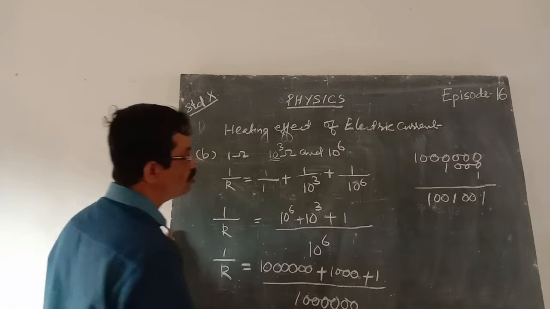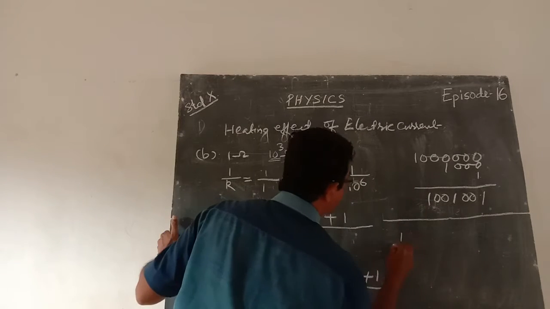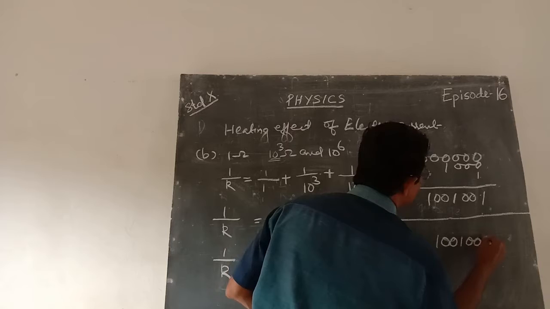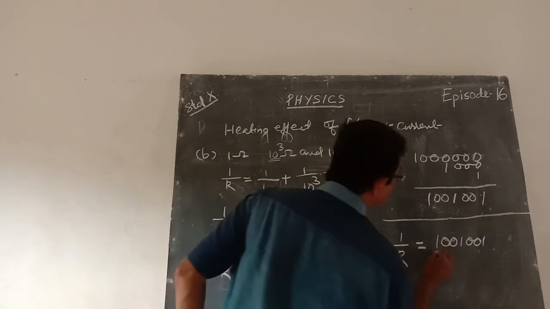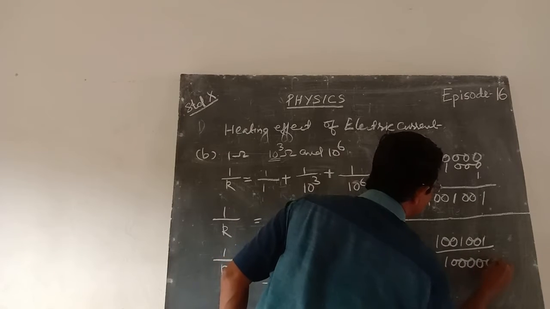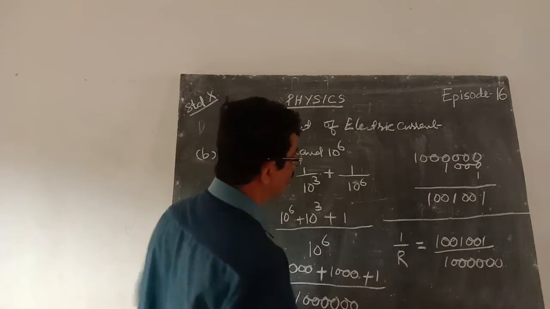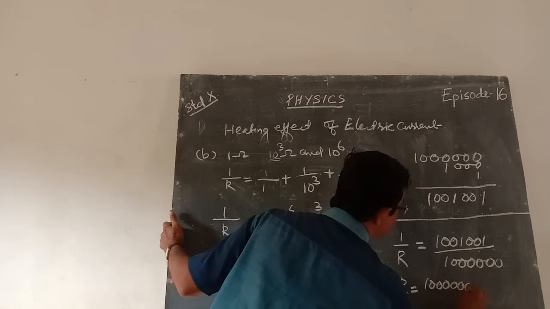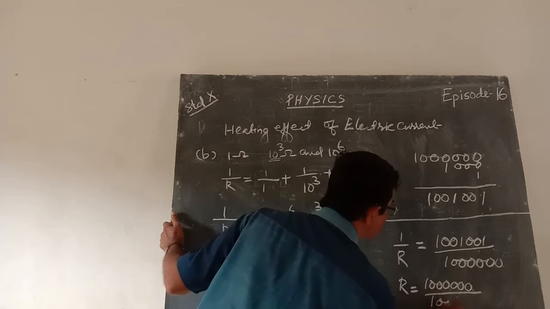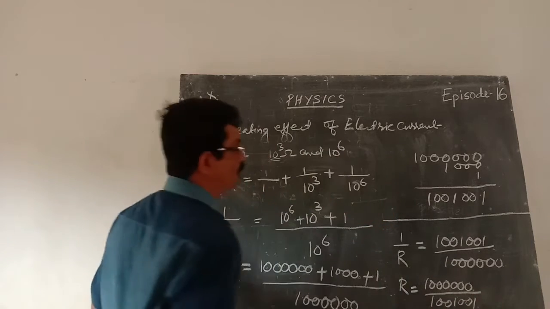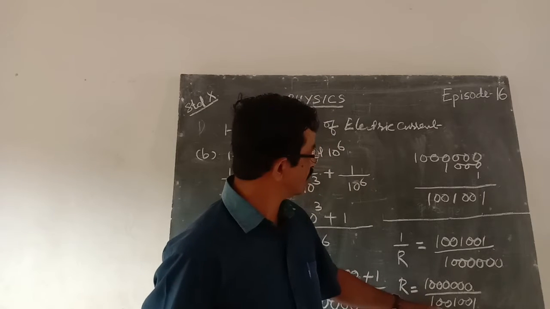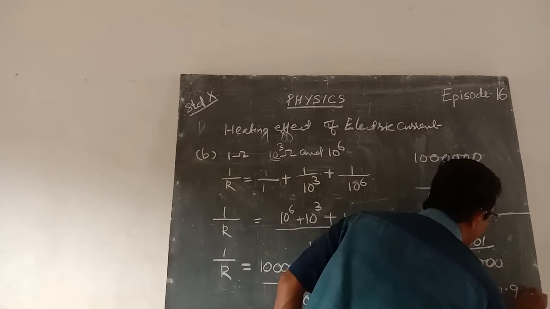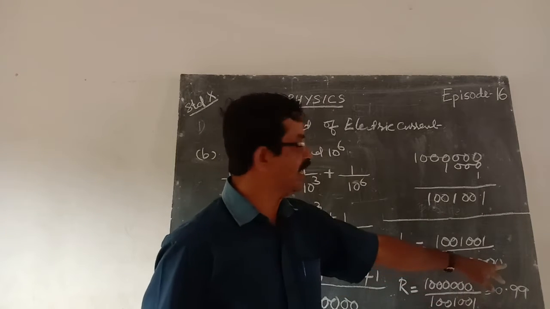So 1 by R is equal to the value of this all 1, then by, see, then R is equal to, when we divide this with this all, we get the value 0.999, etc.